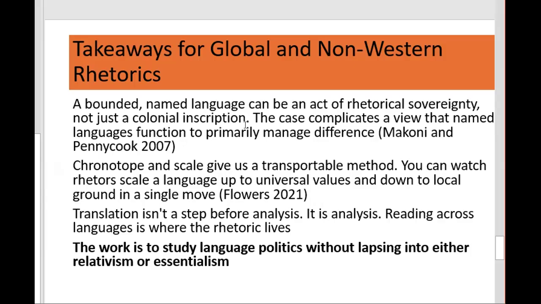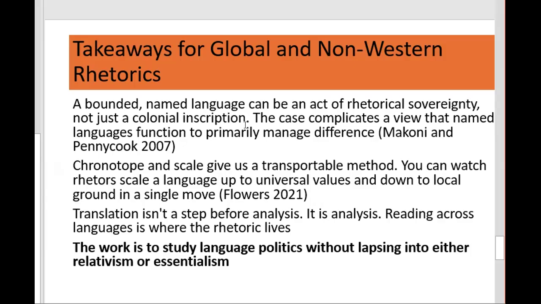And one of the arguments in translingualism has been that the named language is always seen as a way of primarily managing difference. Bengali Muslims, Bengali Hindus, that idea of difference. But one of the things I'm trying to make here is that the bounded language is also a resource, a repertoire resource, a semiotic affordance in these acts of agency or rhetorical sovereignty.